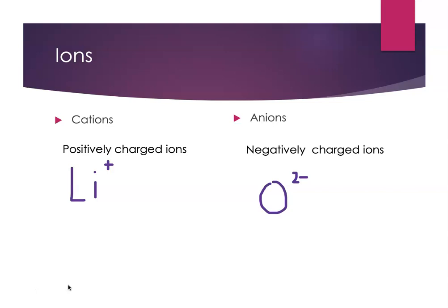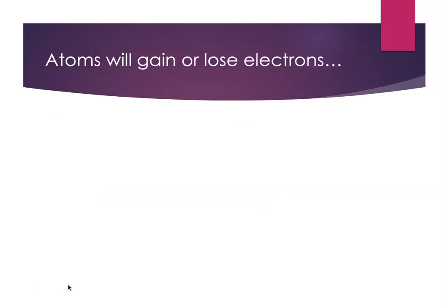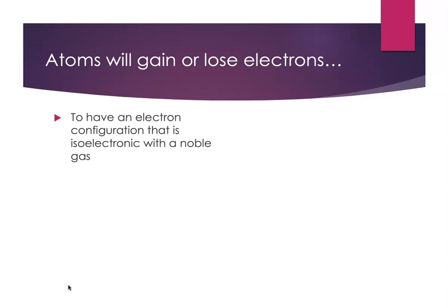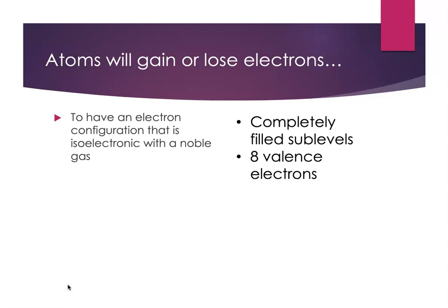So, what we need to remember is that atoms will gain or lose electrons to end up with an electron configuration that matches that of a noble gas. It's isoelectronic. It has the same number of electrons as a noble gas. That's going to leave you with a species where all the sublevels are completely filled, no partially filled sublevels. And you'll have 8 valence electrons, which is really very stable.